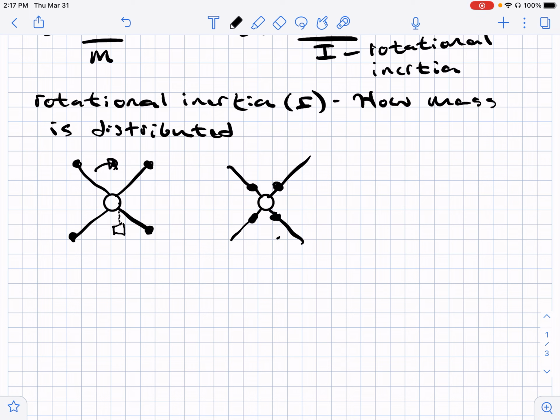By doing that, we were changing the rotational inertia, in other words, how that mass was distributed. In the first case, the mass was further away from the axis of rotation, and then we moved them closer. When we released that hanging mass the second time, it rotated faster, because the mass was now distributed closer to our axis of rotation.